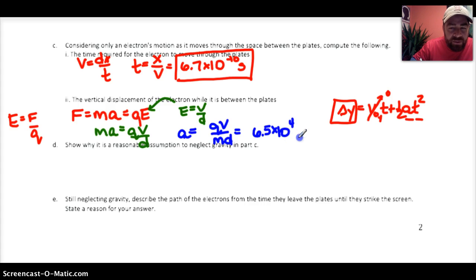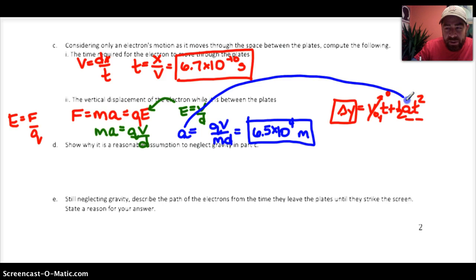Sorry, that's not my vertical displacement. I'm going to calculate that for acceleration. Plug that in here. I know time, which was taken from the previous piece, so I'm substituting that term in for A and then solving for delta y.